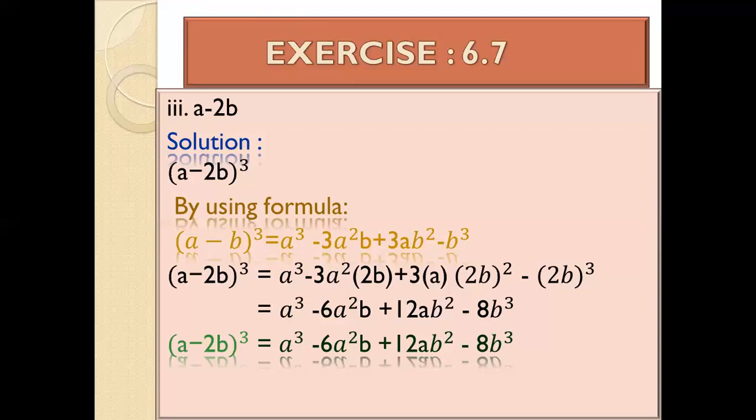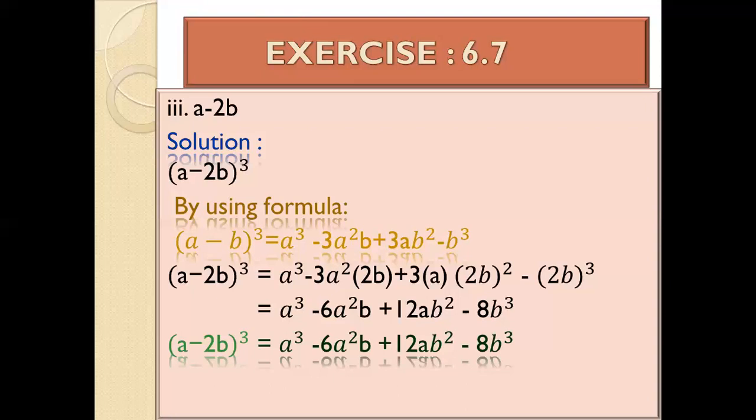The square of 2 is 4, 2b multiplied by 2b is 4b square. When we multiply 4b square with 3a, 3 4s are 12, 12ab square, minus the cube of 2, which is 8: 2 multiplied by 2 multiplied by 2, 2 2s are 4 and 4 2s are 8. The required answer will be a cube minus 6a square b plus 12ab square minus 8b cube.